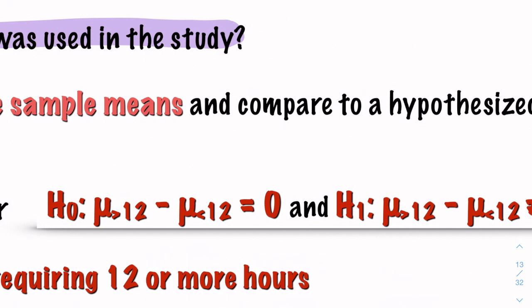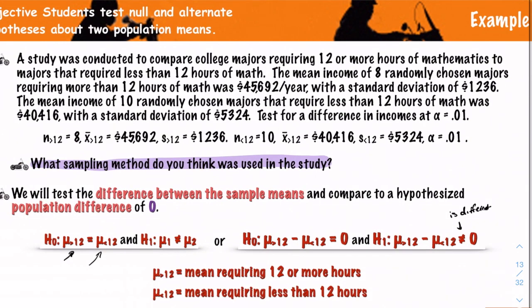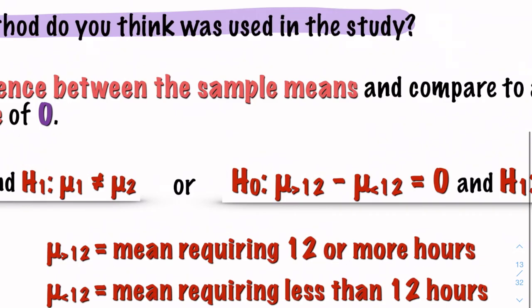The difference between these two is equal to 0. And our alternative is that the difference between these two means is not 0, or is different. So I'm going to just use this. If you have mu greater than 12, that is the mean requiring 12 or more hours. And then the mu with less than 12 is equal to the mean requiring less than 12 hours.